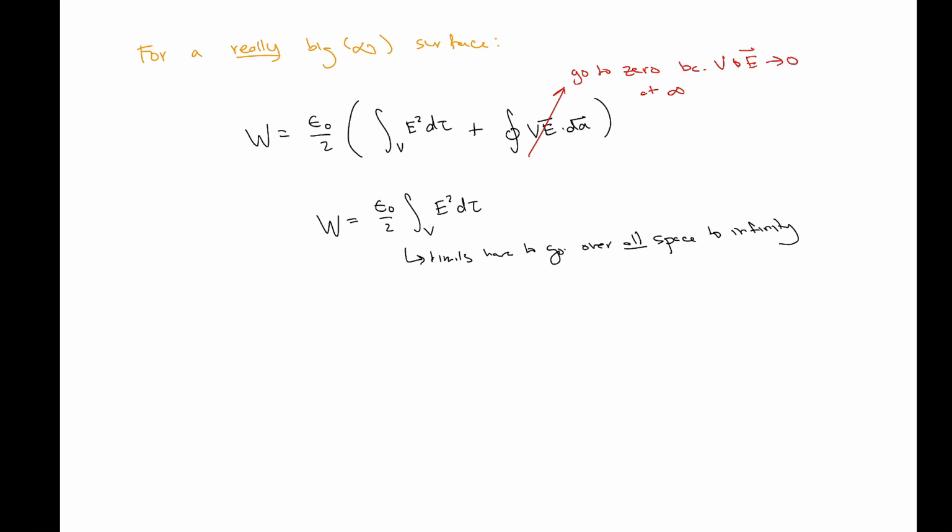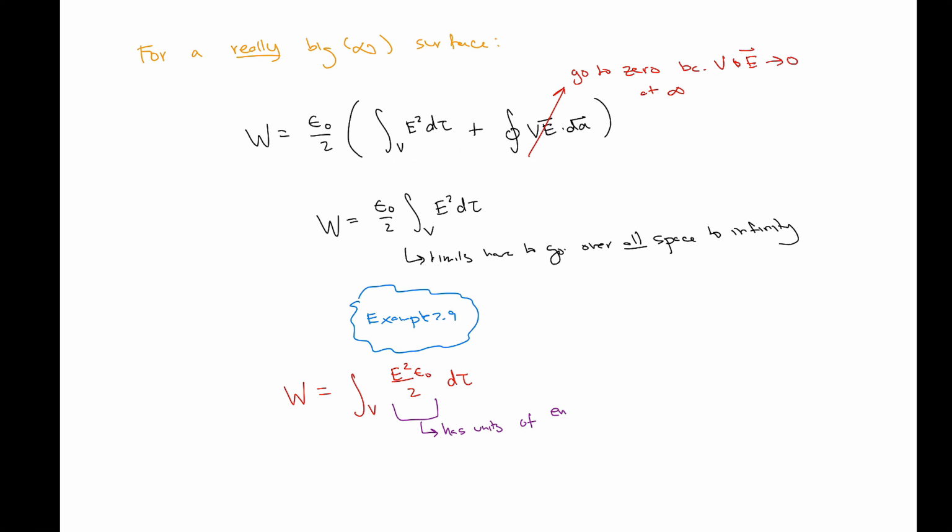I'm not going to do an example here for time, but I would like you guys to take a gander at example 2.9. And then just one more note. I'm going to rewrite this as E squared epsilon naught over 2 d tau. I want to note that this stuff in the middle has units of energy over volume.